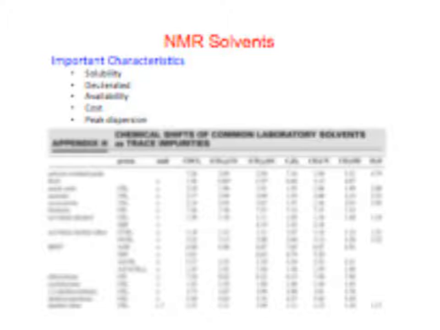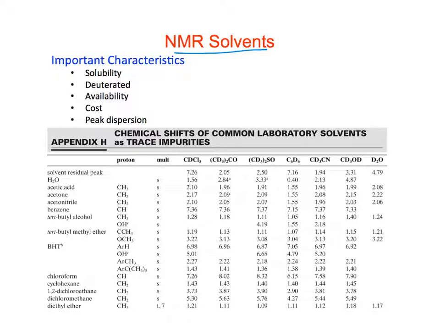Okay, so I had this table, which is actually in the appendix in our book. I remember there was a Journal of Organic Chemistry paper that had all of this, and it's a really useful table. We're talking about different solvents. When choosing an NMR solvent, your compound has to be soluble in it.